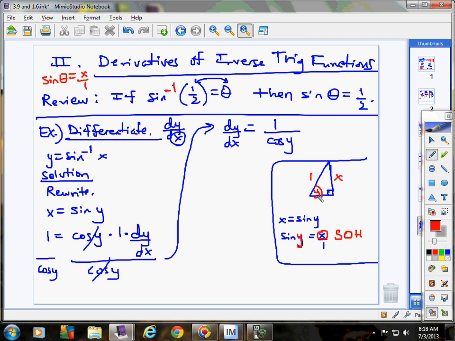Now I need this missing side, so I want you to do the Pythagorean theorem on that triangle and find the missing side, using these two sides that are given. Then take the square root if needed to get it as a single variable.